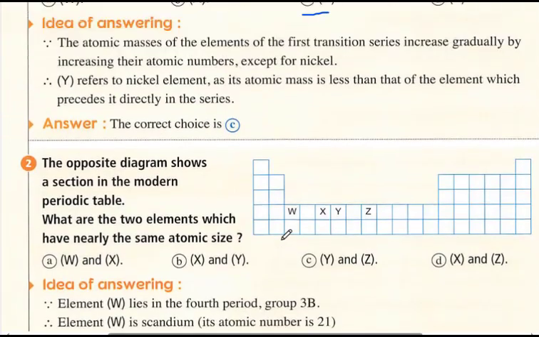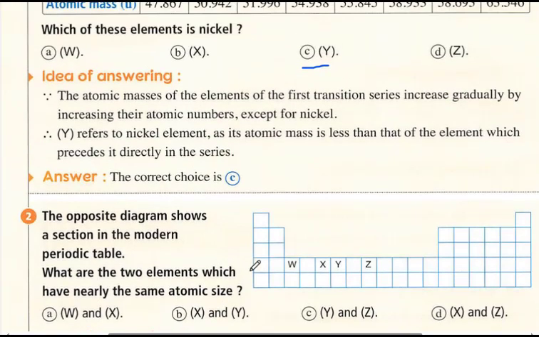Let's have another example. The diagram shows a section of the modern periodic table. What are the two elements which have nearly the same size? Here are the S block and P block, and this is the first transition series, which starts with scandium, titanium, vanadium.